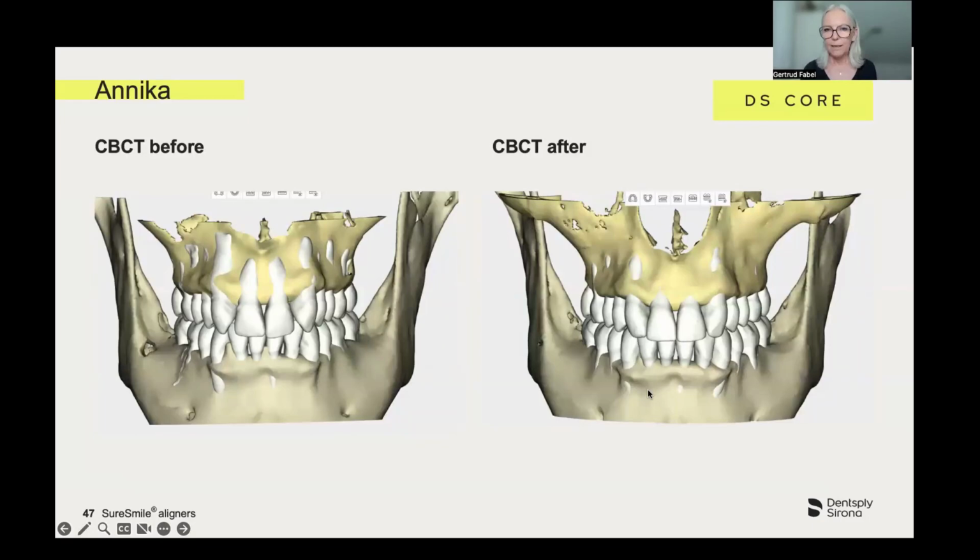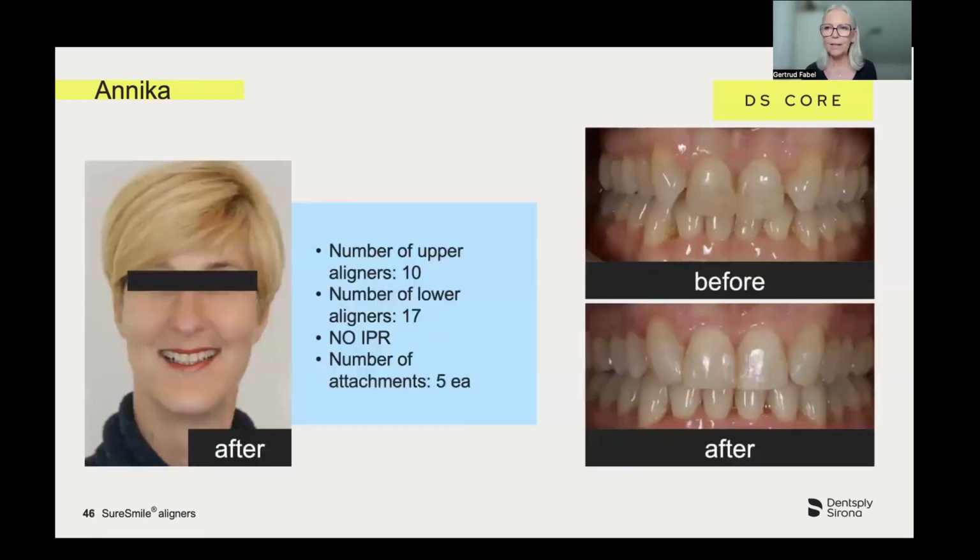And well, I think it's hardly possible to get a better proof that you can move roots with aligners. So the result shows not only quite a nice smile, but also the disappearing of those buccal corridors. And I think also here, happy patient, happy dentist.